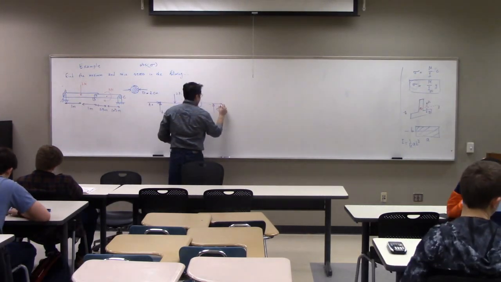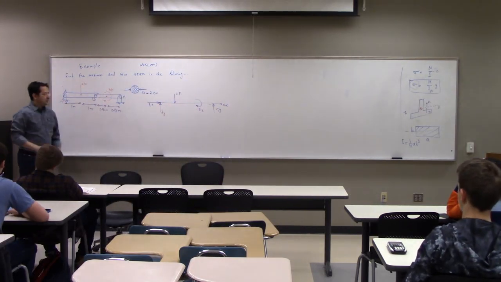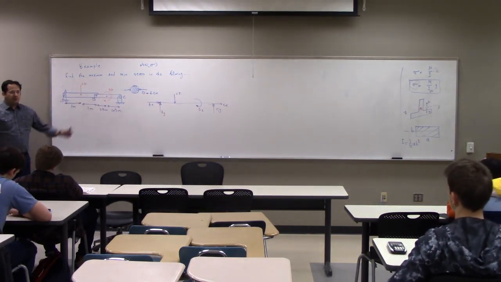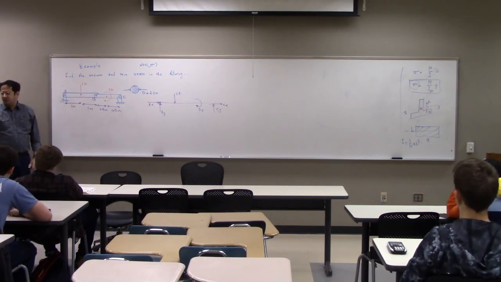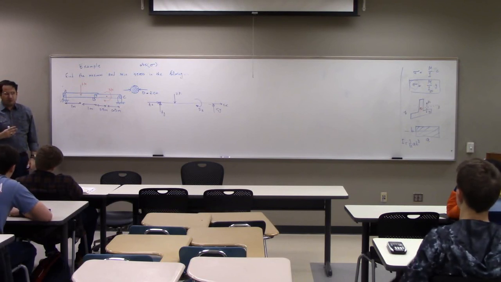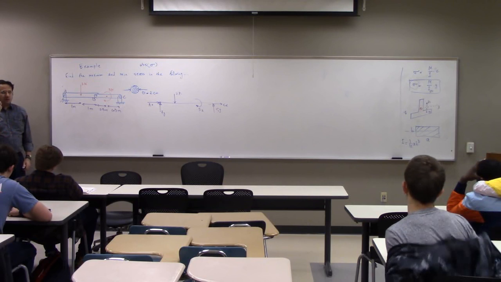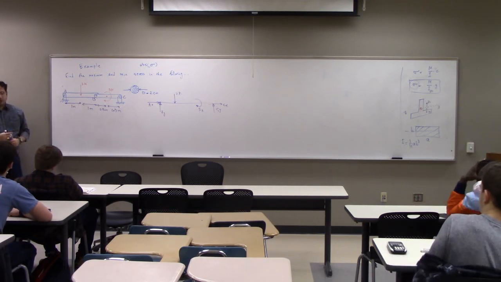CY, CX. And then I will have 2K and 5K. Now the question is, how many equations do I have for that one system? 3, right? Summation of force in x is 0, summation of force in y is 0, summation of moment is 0. How many unknowns do I have? 4. Can I solve it?